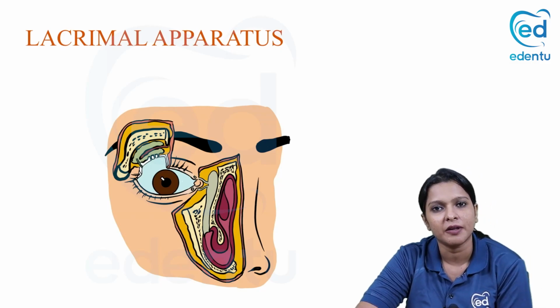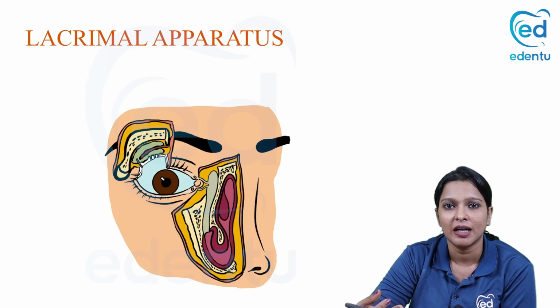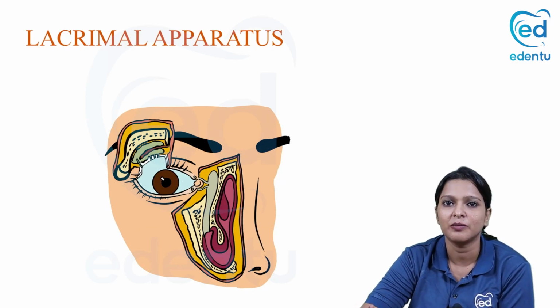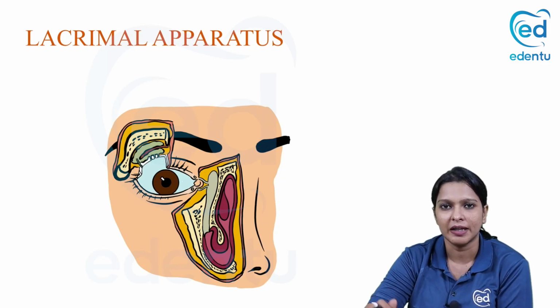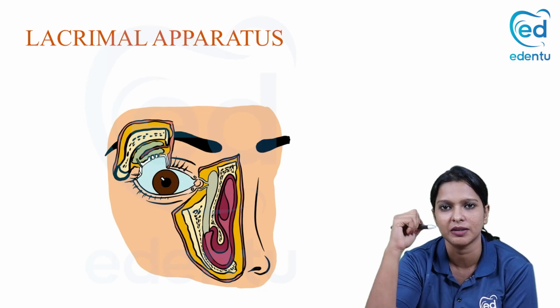What is conjunctiva? Conjunctiva is the anterior part of the eye that we see, that is visible. That is called conjunctiva. They say conjunctivitis for the infection in the eye. We will see more about it. For now, in this entire eye opening, the conjunctival sac is present.